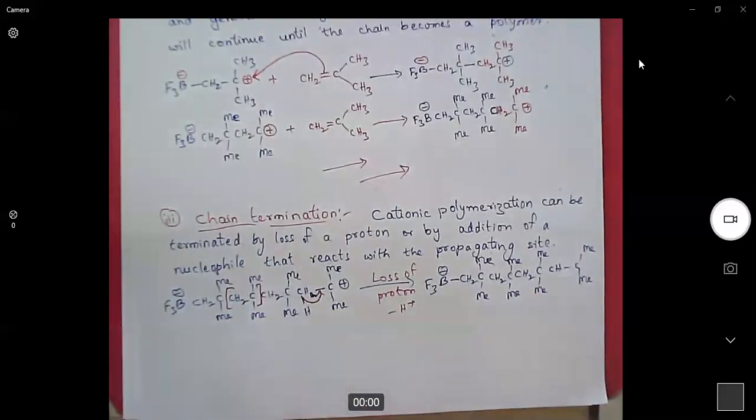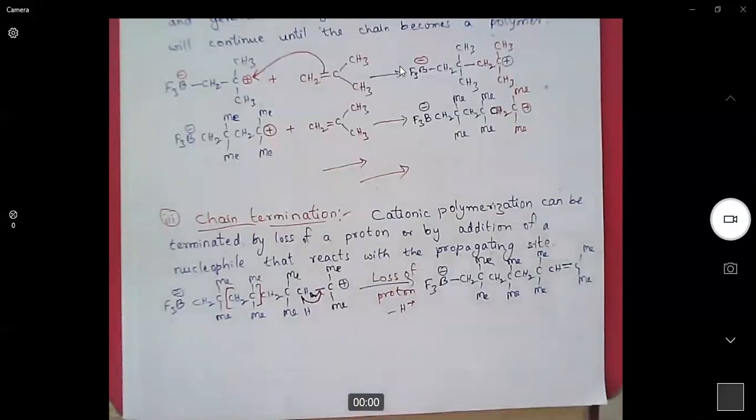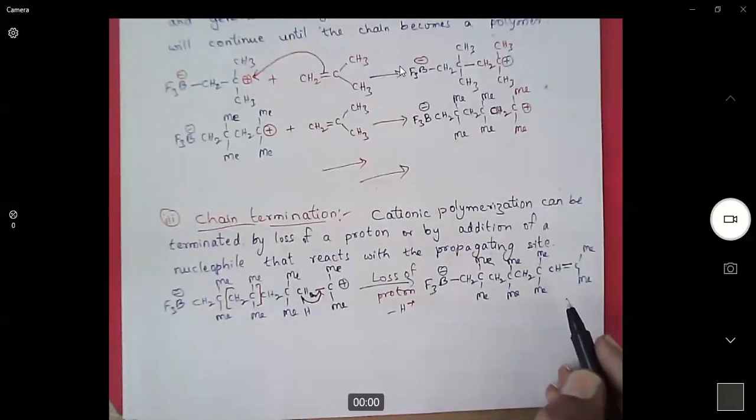Because of the loss of proton, we generate a double bond between these two carbons. So this is how we can terminate a carbocationic reactive center in a cationic polymerization reaction.